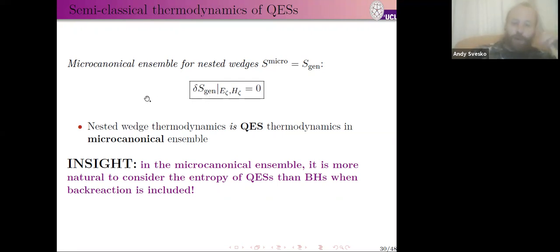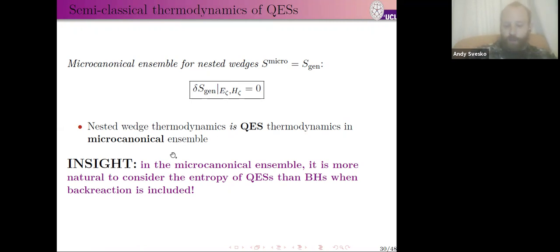So this leads to our second big result, which is that the nested wedge thermodynamics is equivalent to QES thermodynamics when we're working in the microcanonical ensemble. That's because the stationarity condition is effectively extremizing the generalized entropy, which we saw before gives the quantum extremal surface when you extremize the full generalized entropy.